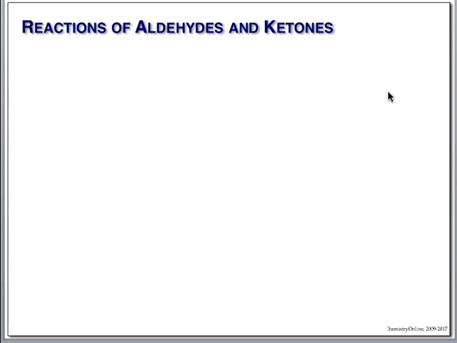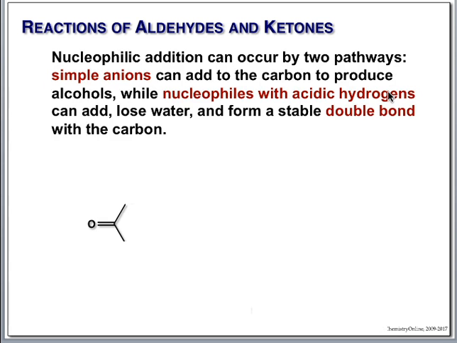So let's look at some examples here. Here we have a simple carbonyl. I have two types of nucleophiles I'm going to react. One is a standard anionic nucleophile, and this is NuH. Imagine the U wasn't there.